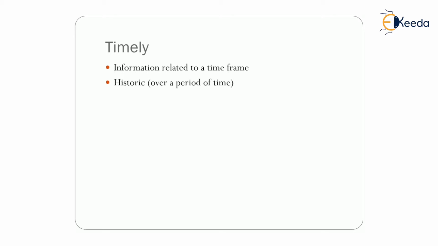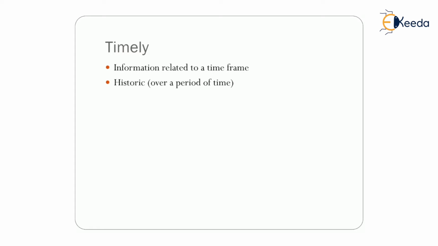And the next characteristic of strategic information is timely. The information should be related to a time frame, or the information should be bounded by a time frame. As we discussed, the strategic information is the historic information which is stored for a period of time.